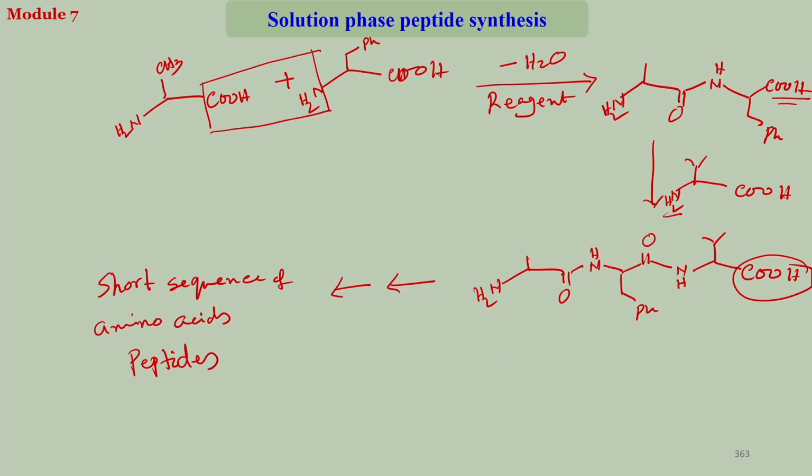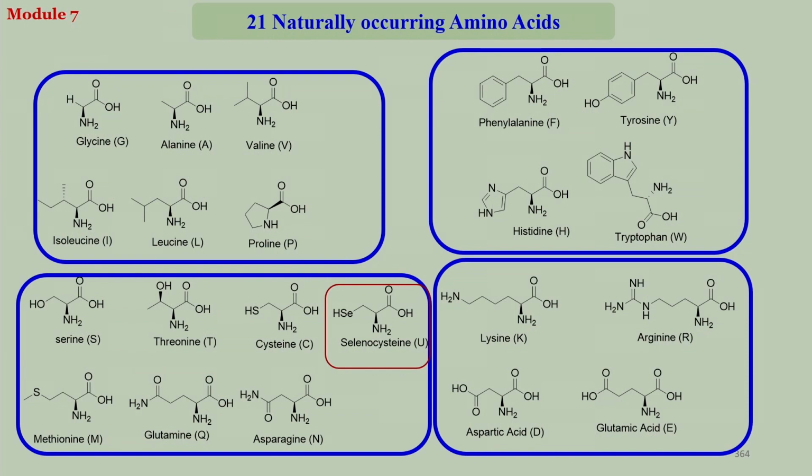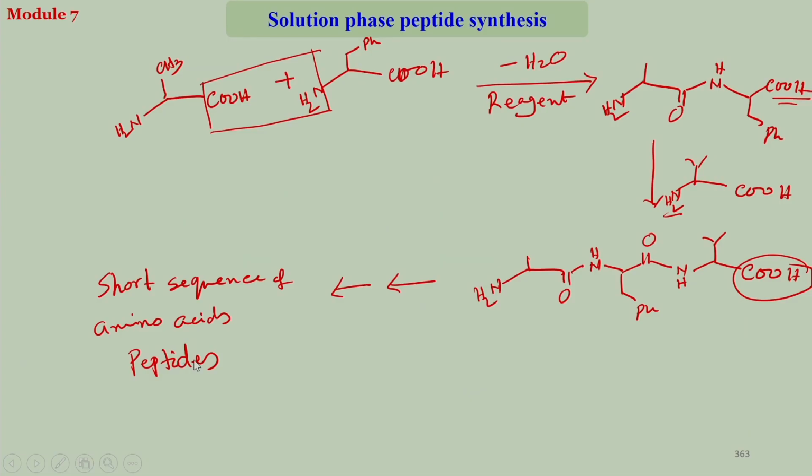So, the question is, why do you need to synthesize peptides? What is the need for short peptide synthesis? Before that, your target is to synthesize a peptide bond, and that occurs by the condensation of a carboxylic acid group and the amine group.